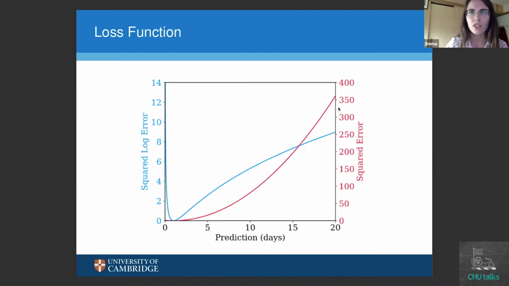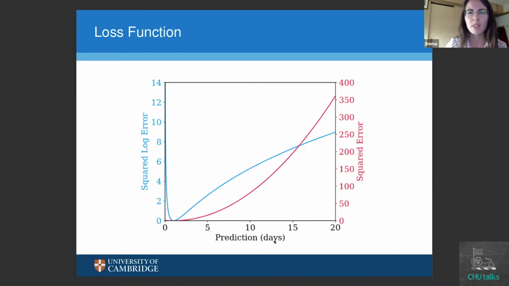So the red line is showing the mean squared error for when the true value is actually 1 day. The problem with that is that it really does get very high. We can see that this is going exponentially higher for long lengths of stay.